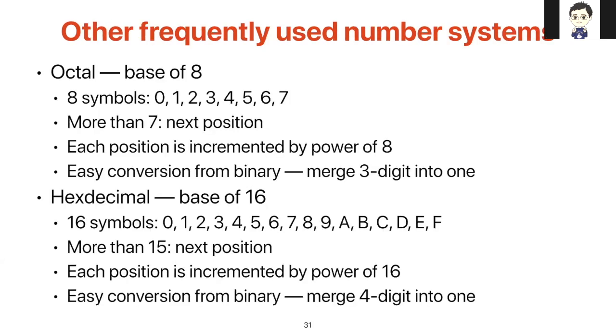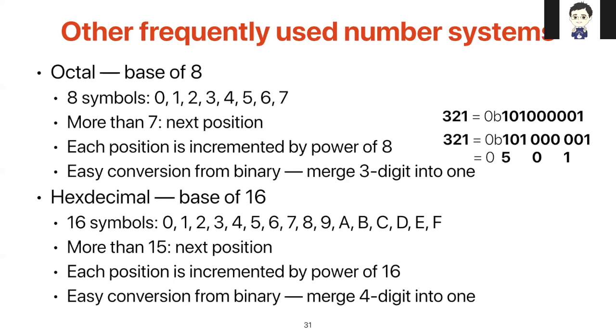With binary numbers, the benefit is that it becomes really easy to convert to any base that is a power of 2. For example, in an octal system, which is base 8, you merge 3 digits of your binary representation into 1.